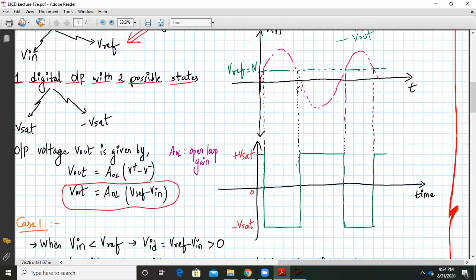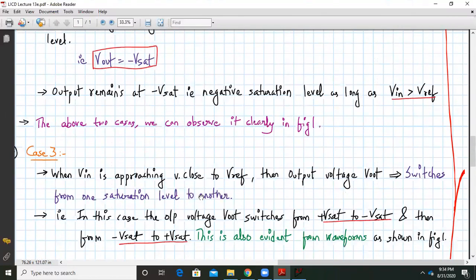The third case says whenever V in is approaching V reference, at that time the output is switching. In the first instance the output switches from positive to negative VSAT, and in the next instance it switches from minus VSAT to plus VSAT, and it continues at intervals.